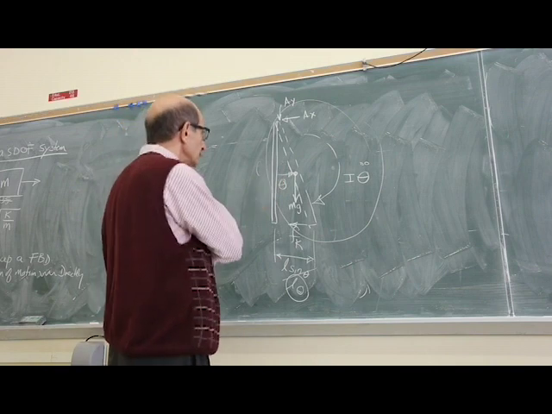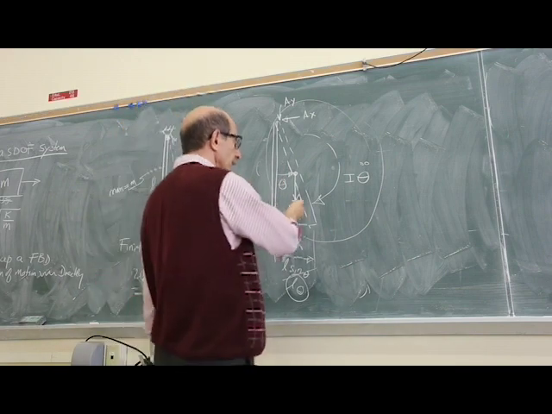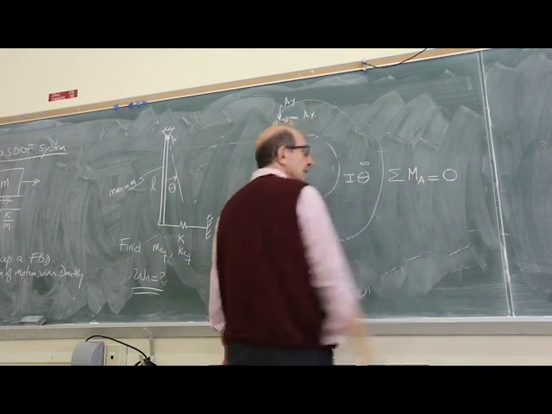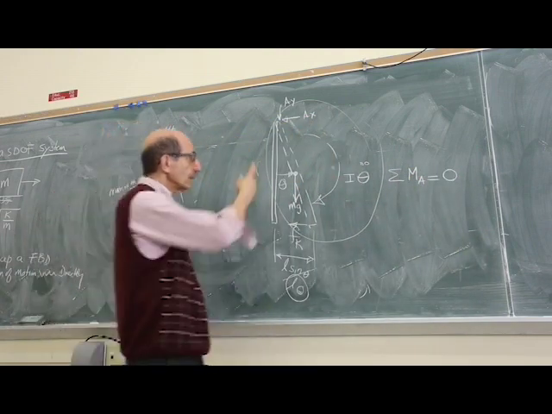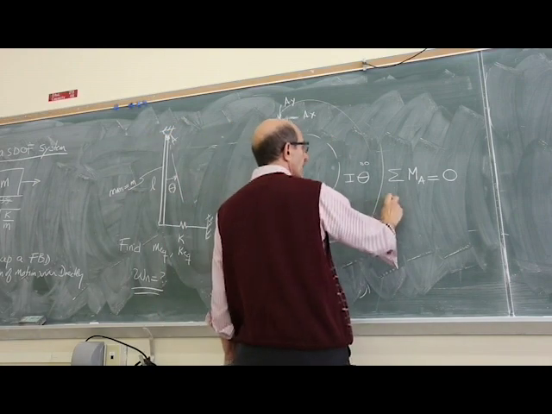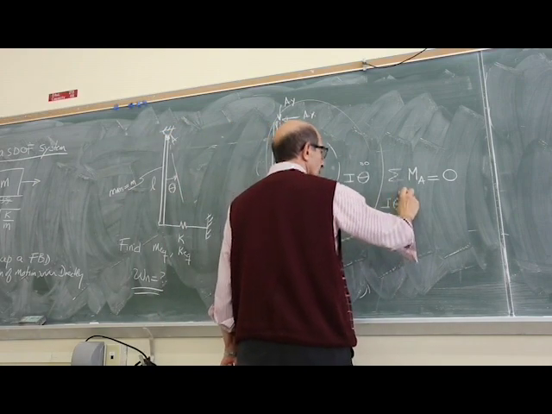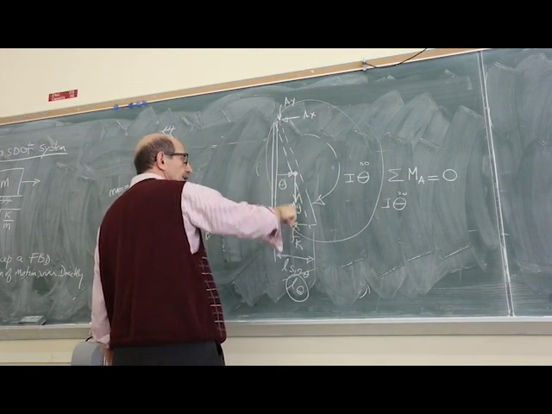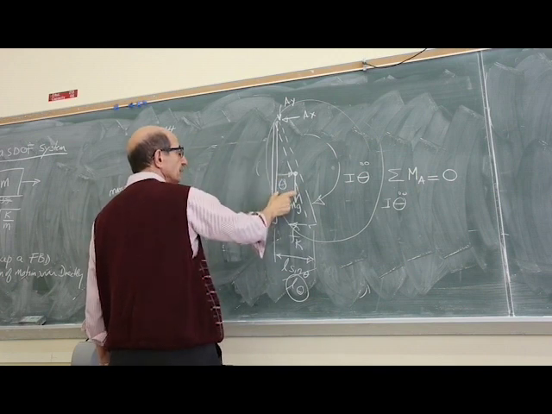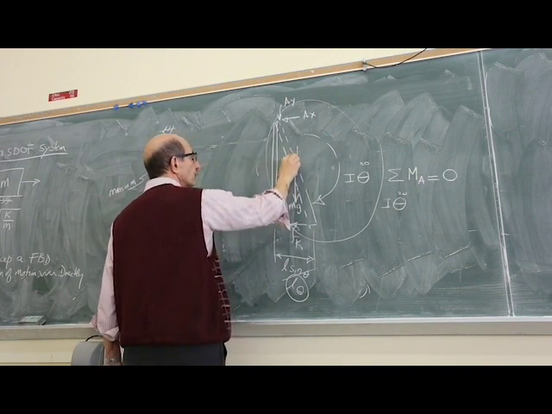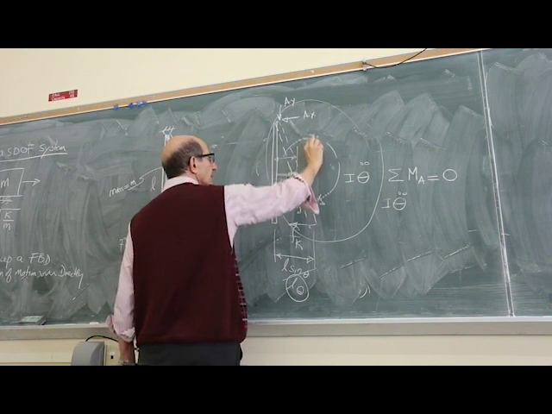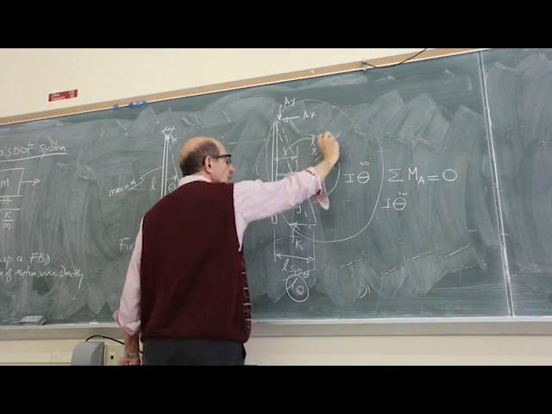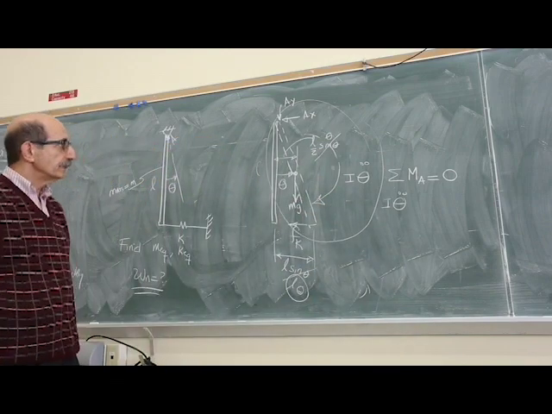So you just write the equations of motion that way by summing the moments about point A, the point of rotation. So you have I theta double dot going in that direction, the moment of mg about point A would be this distance times that force. This distance is L over 2 sine theta, and again, if this is small, would be L over 2 theta.